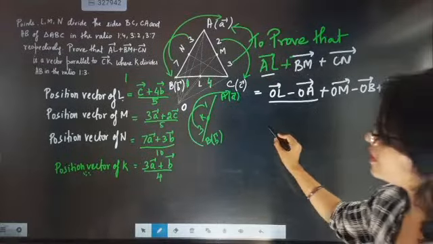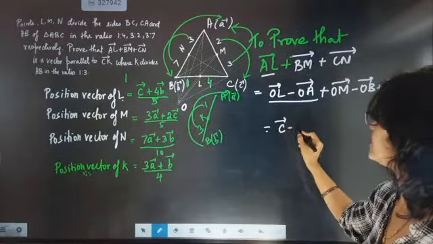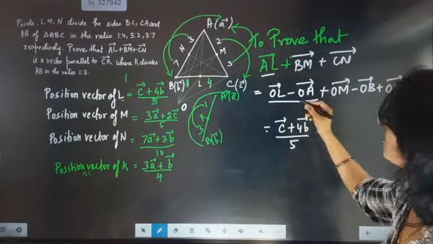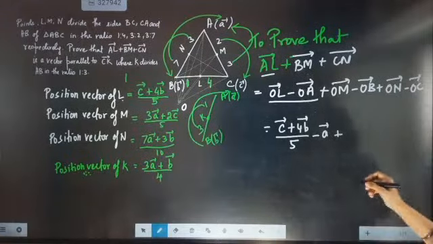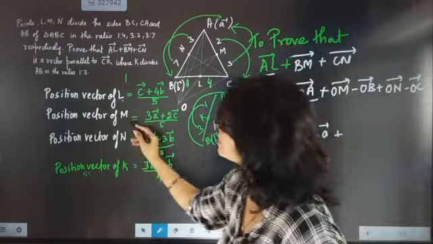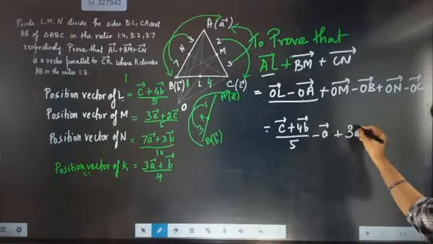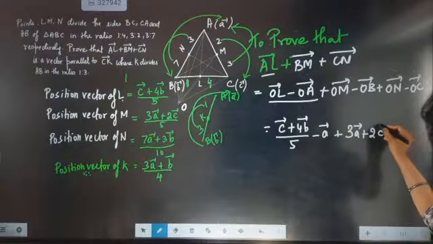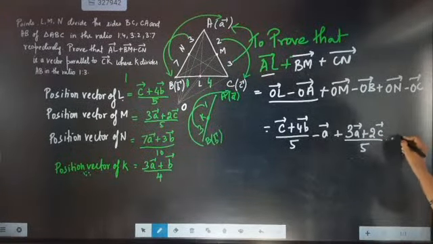Now what is OL vector? The position vector of L is (C vector plus 4B vector) by 5. Now minus OA, OA is A vector only. Plus OM vector, which will be (3A vector plus 2C vector) by 5, minus B vector.